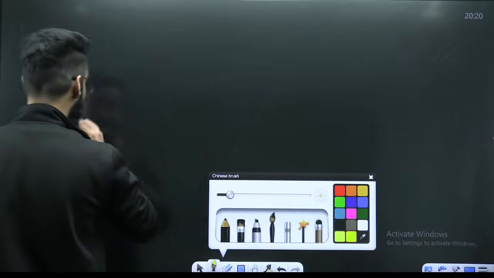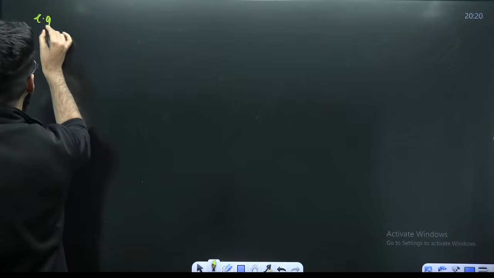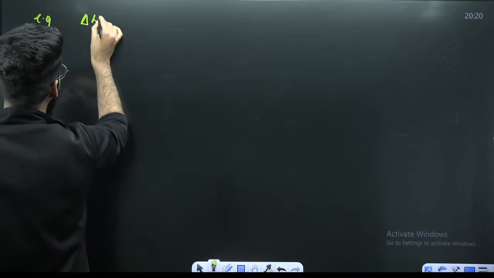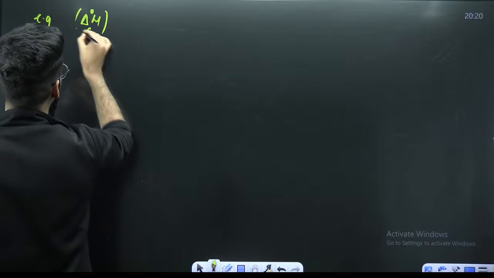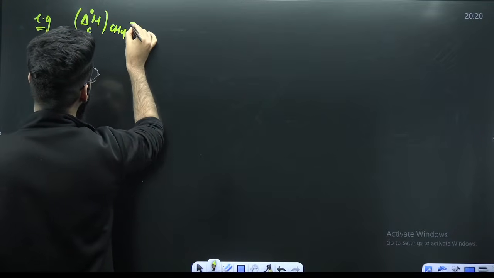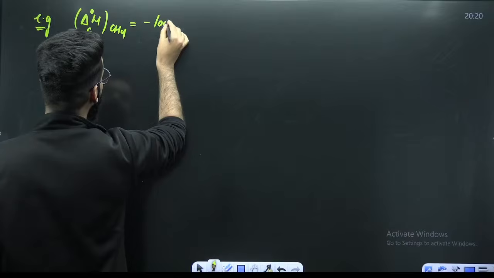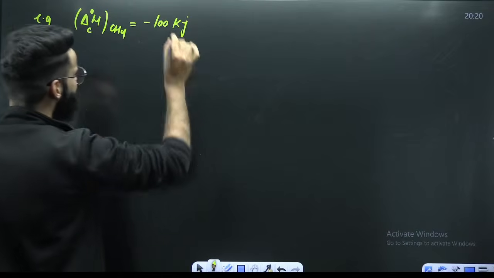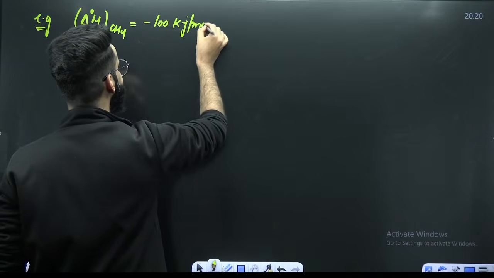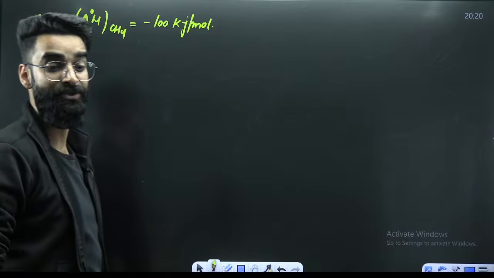For example, my dear students, I'm writing: the standard enthalpy of combustion of methane is equal to, I'm giving a random value, minus 100 kilojoules per mole.